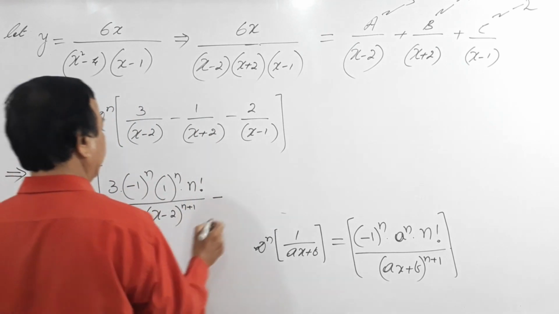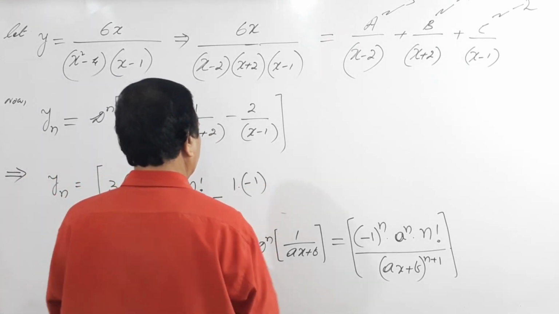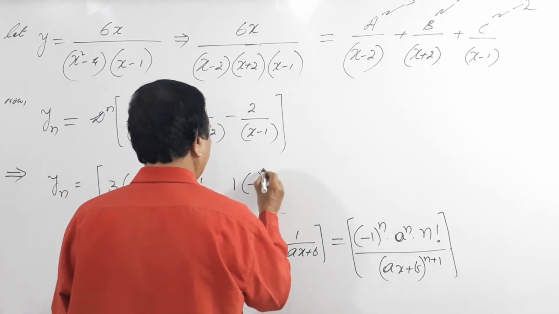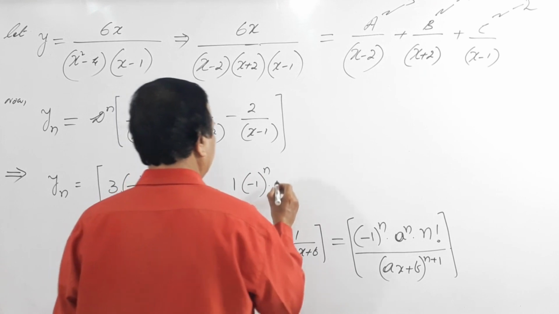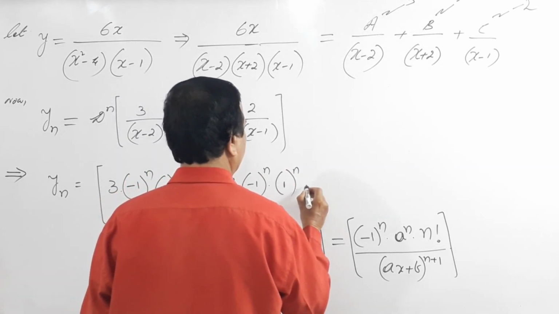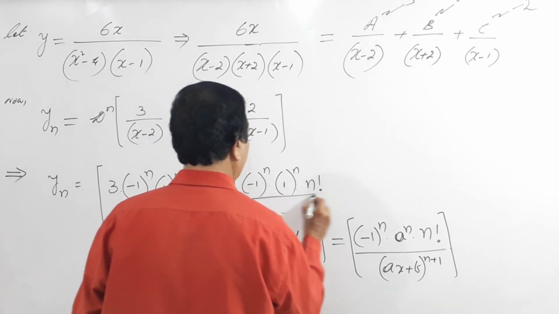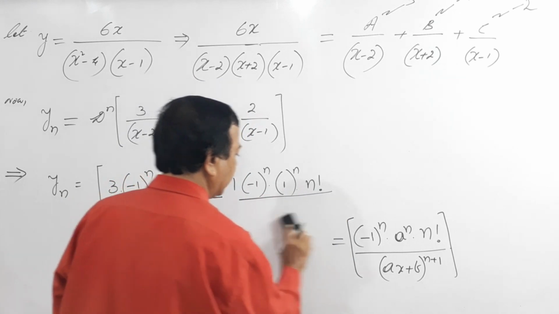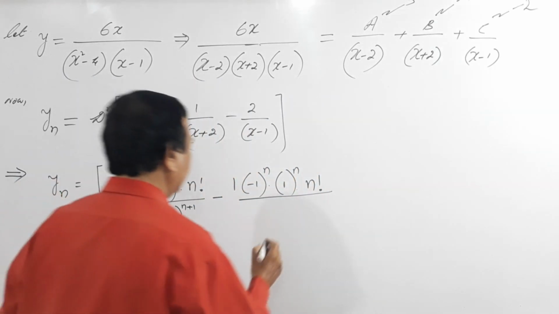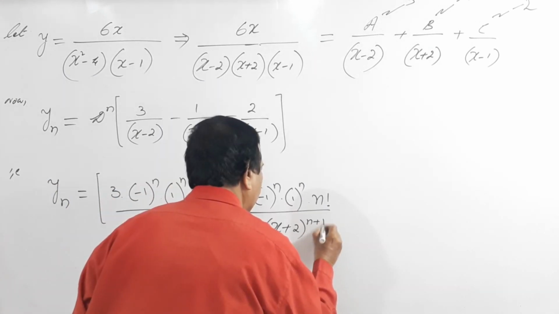Minus, we have 1, minus 1 into minus 1 to the power of n into 1 to the power of n into n factorial divided by (x plus 2) to the power of n plus 1.